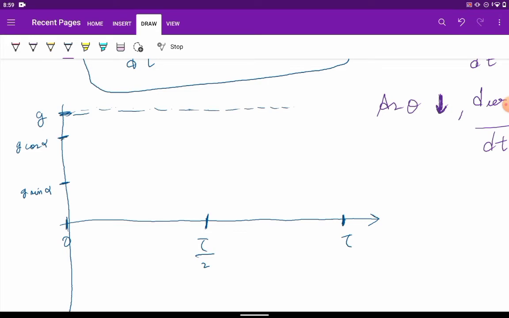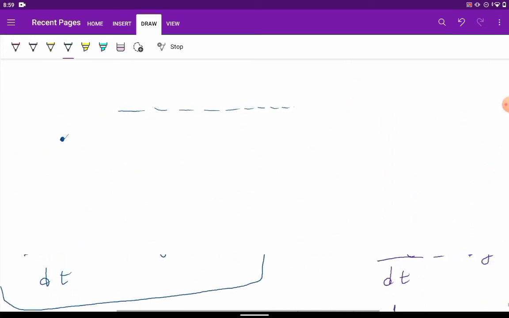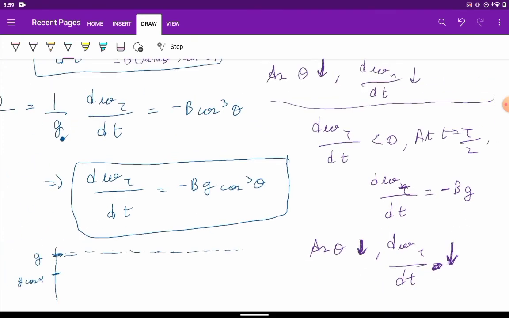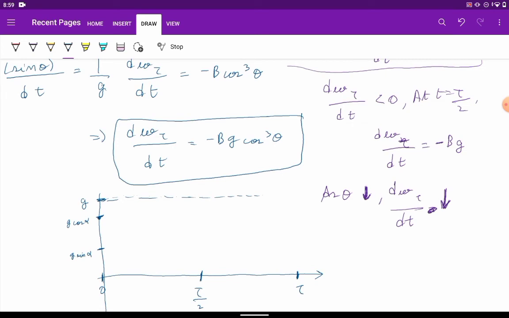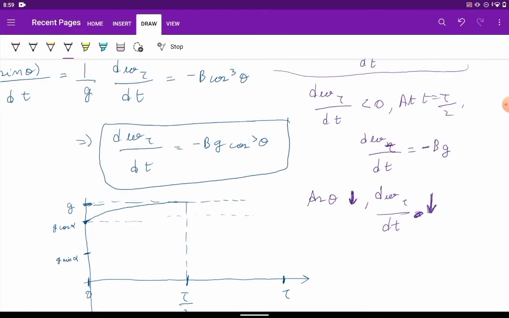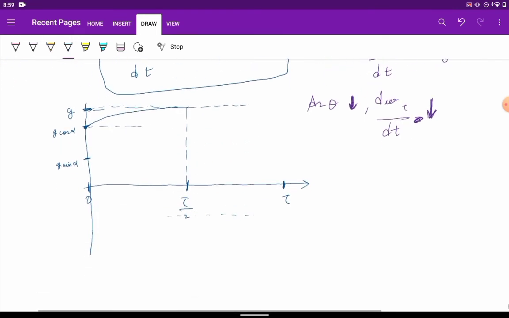It starts from here, and as theta keeps on decreasing, dwn by dt also keeps on decreasing, right? So start somewhere here, goes till here, and of course at tau again you have this same value of g cos alpha, right, as I have already mentioned.